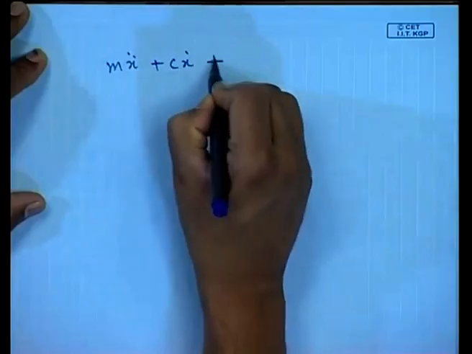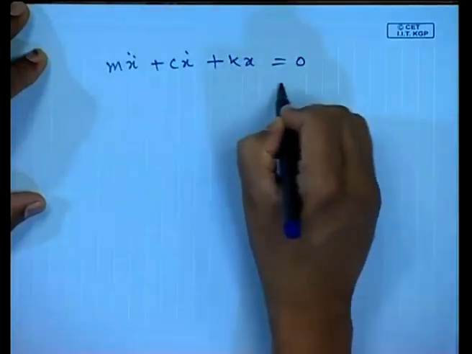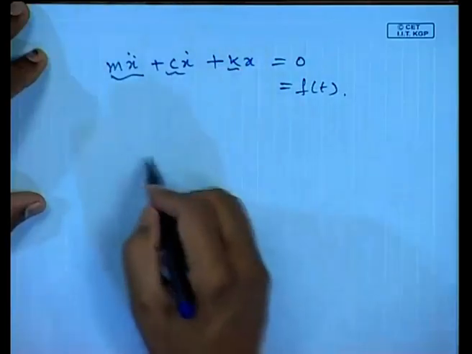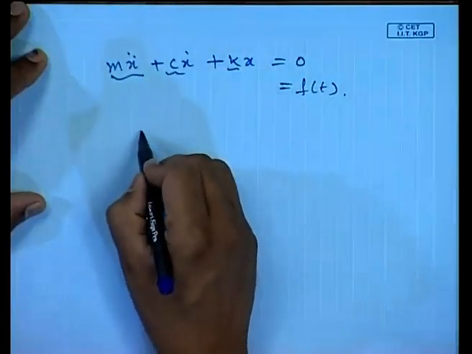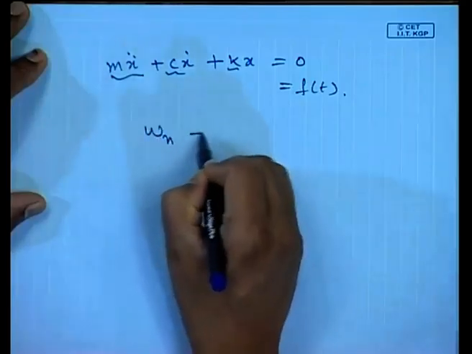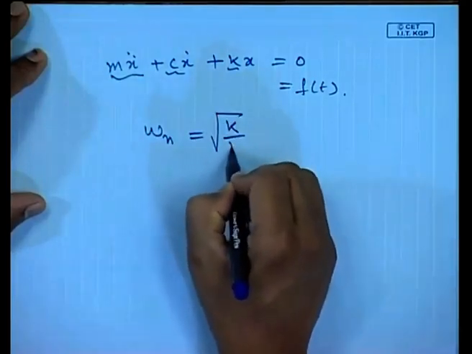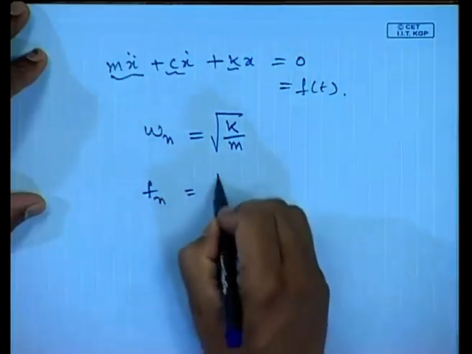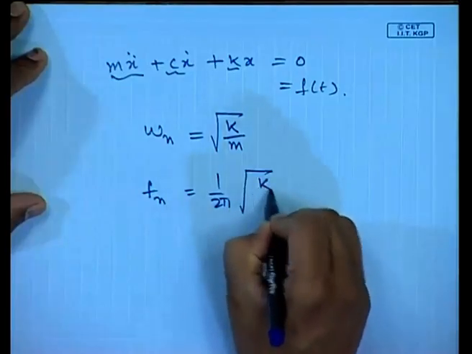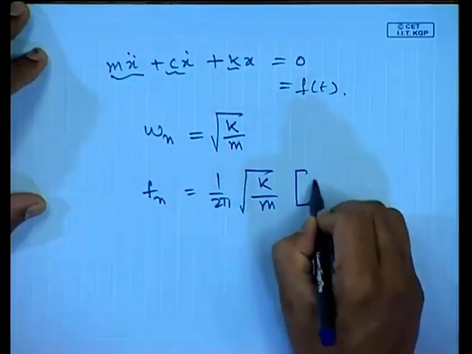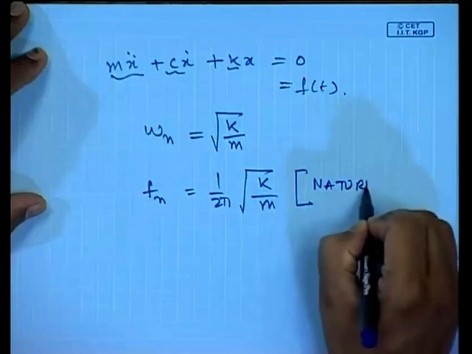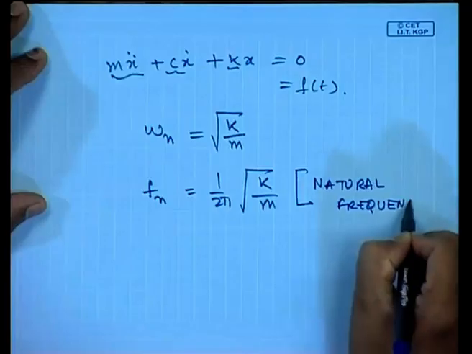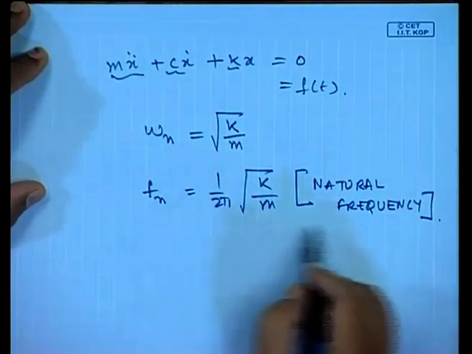which are present whether you have force or you do not have force, and this depends on the coefficients. One such very important characteristic is the natural frequency, given by 1 by 2 pi root over k by m, and this is known as the natural frequency of the system which is vibrating.